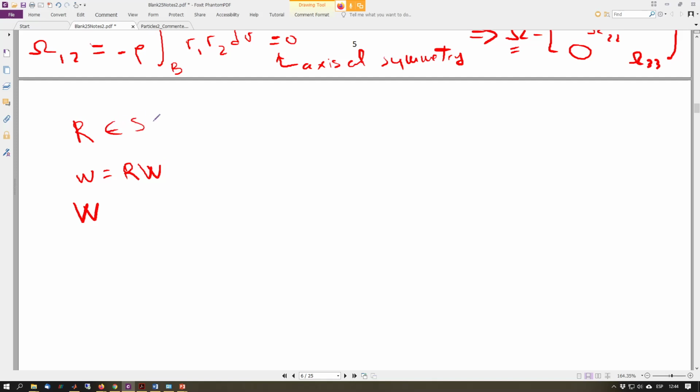But R belongs to SO3, while R dot is equal to omega hat times R, and this does not belong to SO3. This is a product of two matrices, but the transpose is not the inverse. In vectors this was not happening.